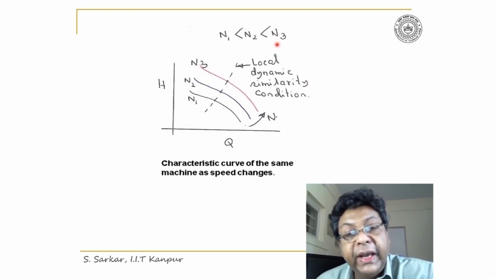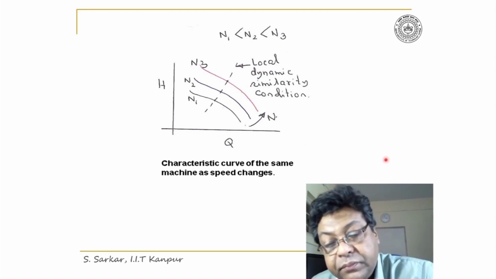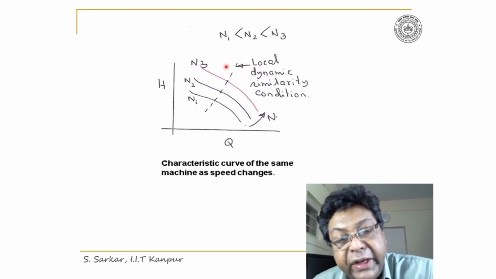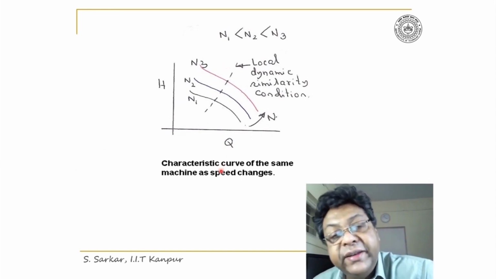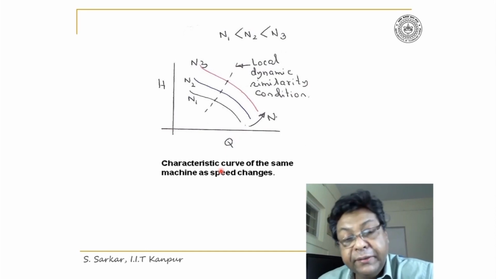So N3 is greater than N2, similarly N2 is greater than N1. So it will be parallelly received if I consider the local dynamic similarity is maintained.